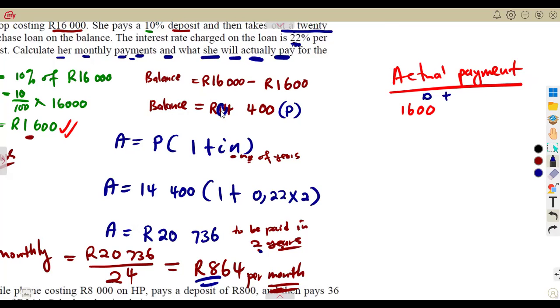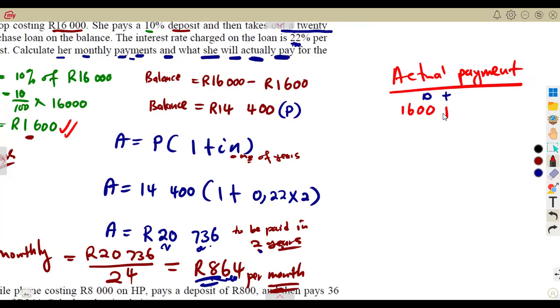Remember, this was supposed to be the balance, but it's no longer that way. She's going to pay this amount of 20,736, which is 864 per month. If you wanted to, you could use 864 times the number of months, which is 24. But because we already have the amount to be paid in 2 years, we already have this.